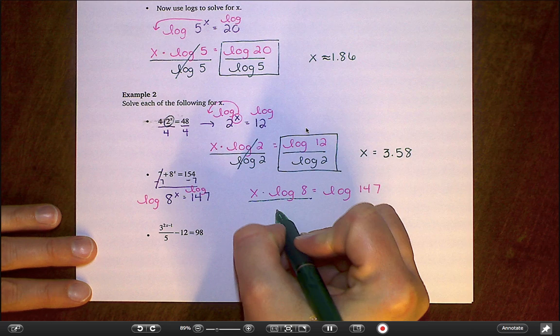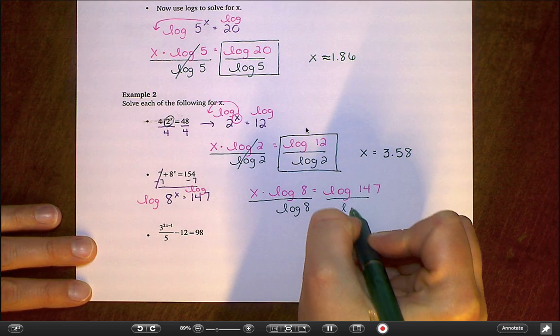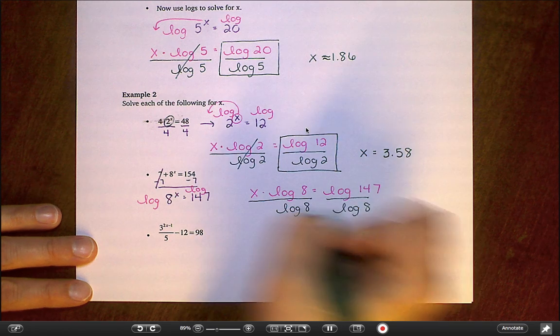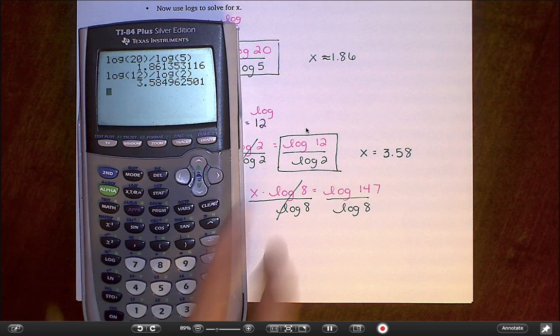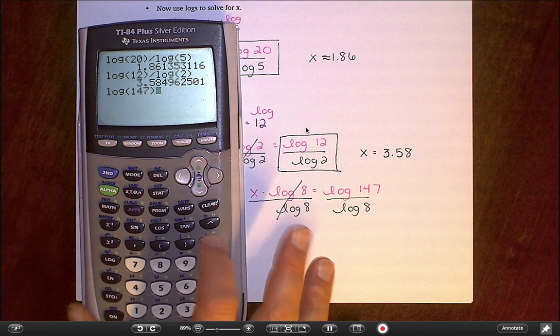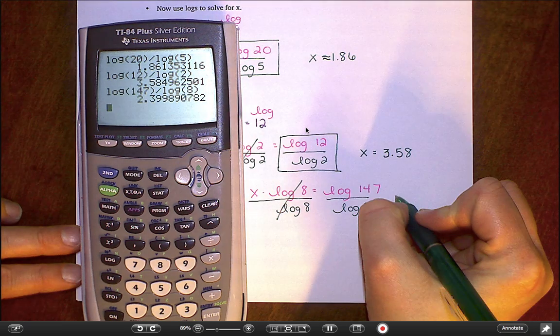Divide. And let's see. Log 147 divided by log 8 leaves me with 2.3. So I'm going to probably go 2.40.